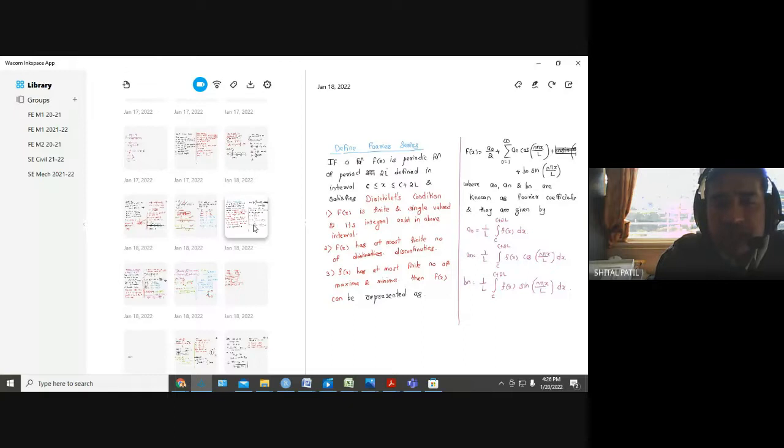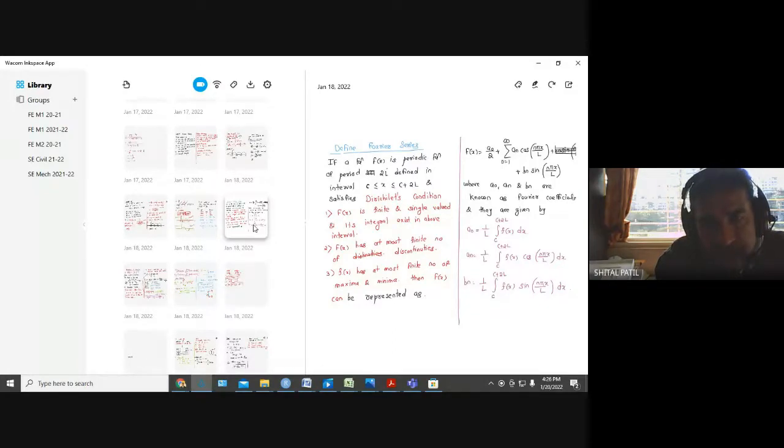If all the conditions are satisfied, then f of x may be represented as f of x equal to a naught by 2 plus summation of an cos of n pi x divided by L plus bn sin of n pi x divided by L, where a naught, an, bn are known as Fourier coefficients, and they are given by these formulas: a naught equals 1 upon L, integration from c to c plus 2l, f of x dx. an is 1 upon L, integration from c to c plus 2l, f of x cos of n pi x divided by L dx.